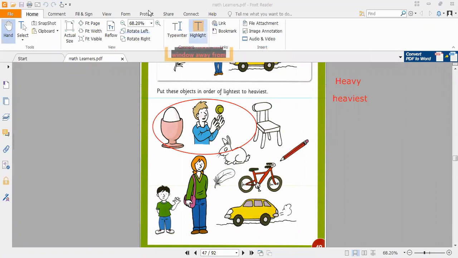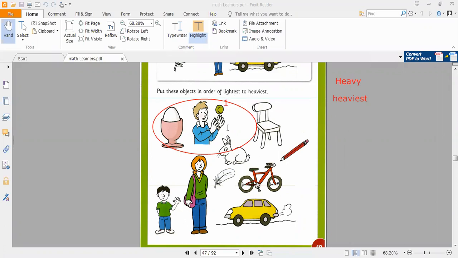Yes, Albara, tell us what is the lightest between egg, ball, and rabbit. The ball? Ball or egg? Ball.